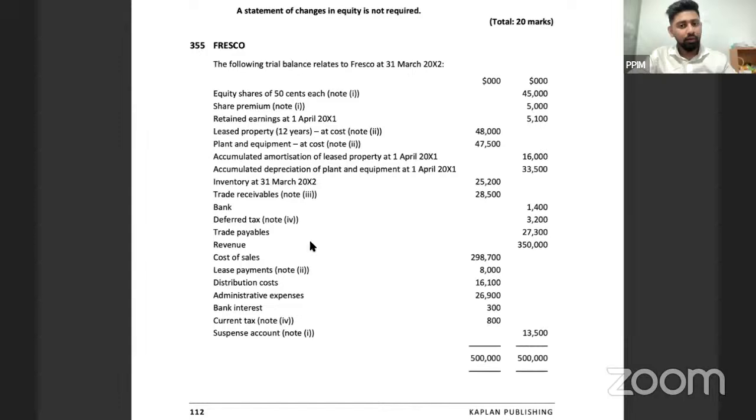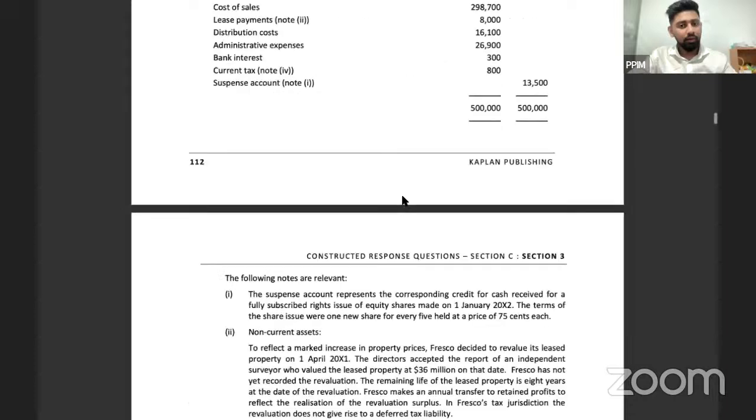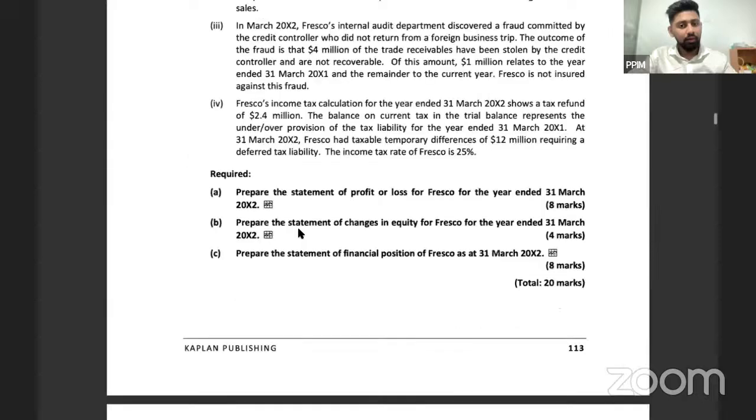As always, we've got a requirement, but this time we've got a statement of changes in equity as well. Prepare the statement of profit or loss for Fresco for the year ended 31st March 2012. Prepare the statement of changes in equity for Fresco for the year ended 31st March 2012. And prepare the statement of financial position of Fresco. Not new, we know it, we've done it.